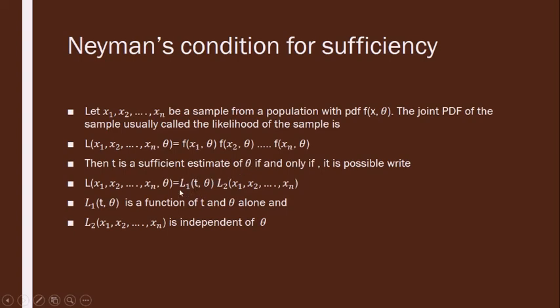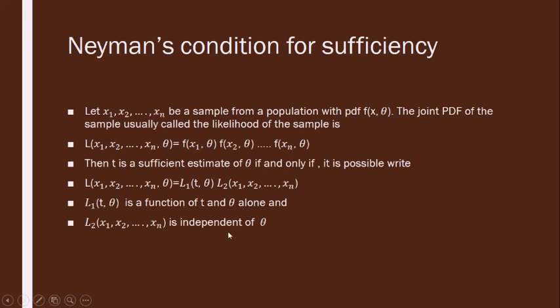Now what does L1 of t comma theta represent? L1 is a likelihood function, a function of t, that is the statistic, and the parameter alone. And L2 is independent of theta. This particular function L2 of x1, x2, etc., xn is independent of theta.